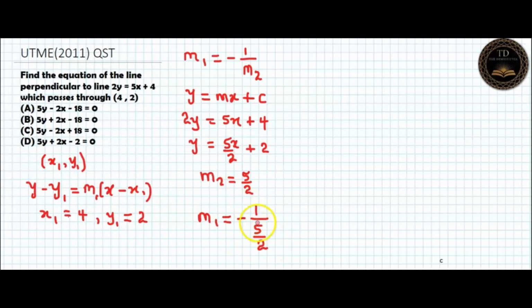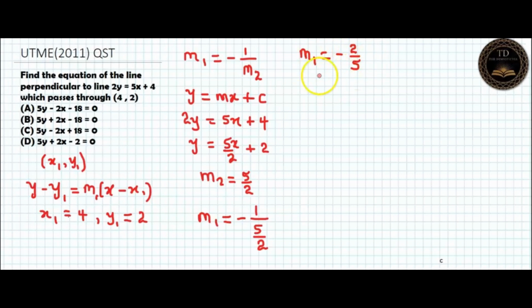Okay, so we need to work on this. You know how to deal with this. Just reciprocate this fraction and you have your m1. So therefore our m1 will now be equal to minus 2 over 5.